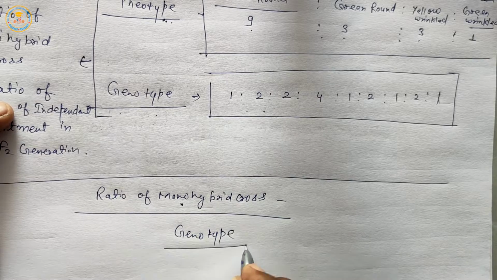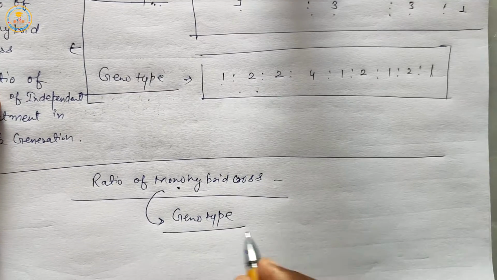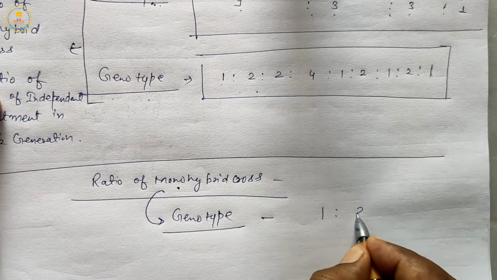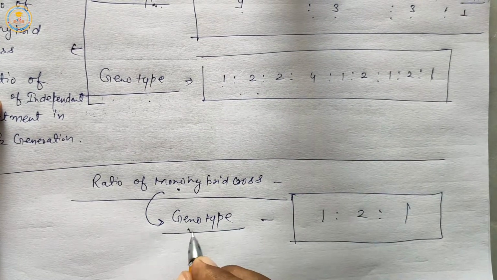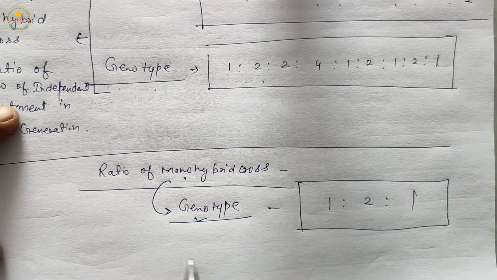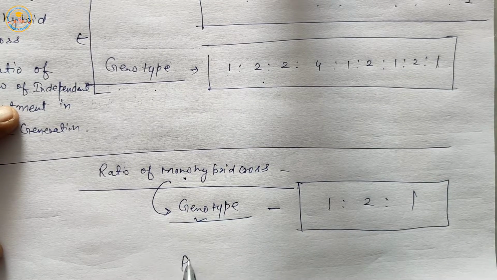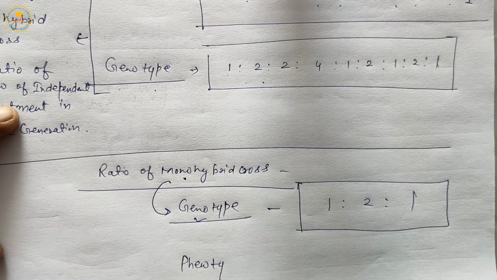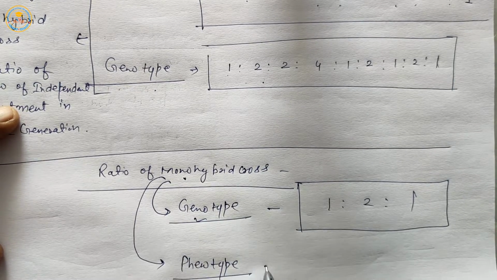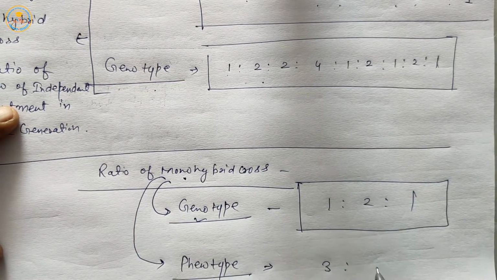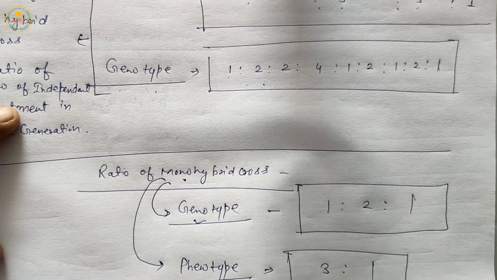First, the genotype of the monohybrid cross is 1:2:1. It means genetic constitution. Next, the phenotype of the monohybrid cross is 3:1.